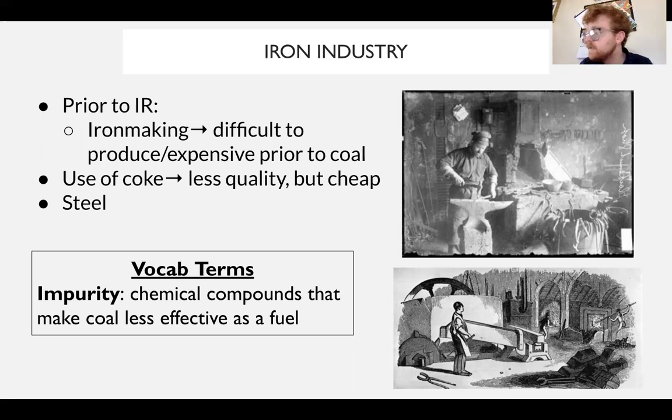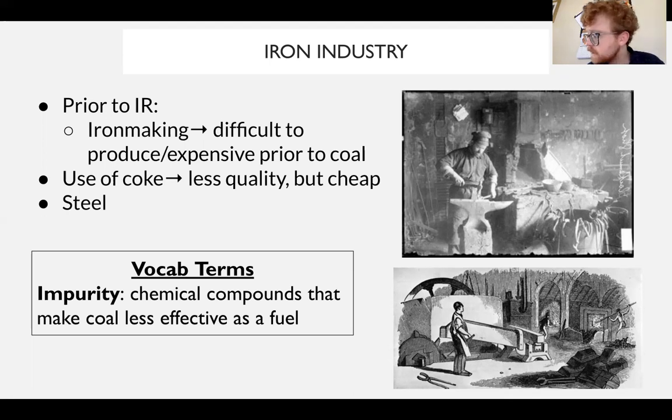So increasingly, we will see a shift away from skilled labor and the use of lumber towards the use of coal, especially as we will see the use of coke. And what is coke? Well, coke is an American soft drink. No, coke is a type of coal with all the impurities baked out of it, essentially. And coke is really great because it is a super fuel source.